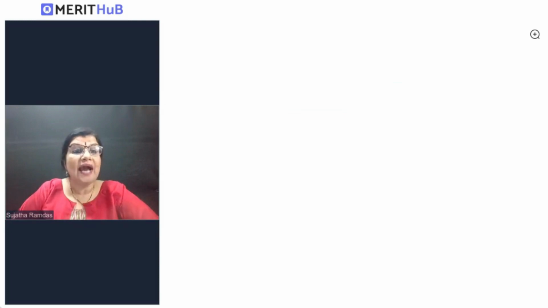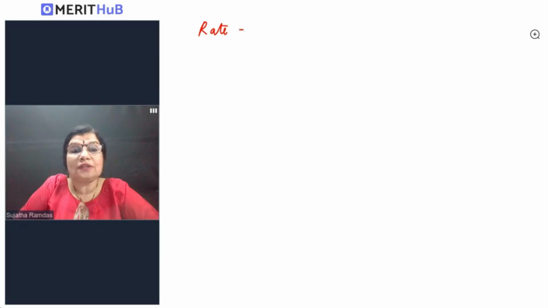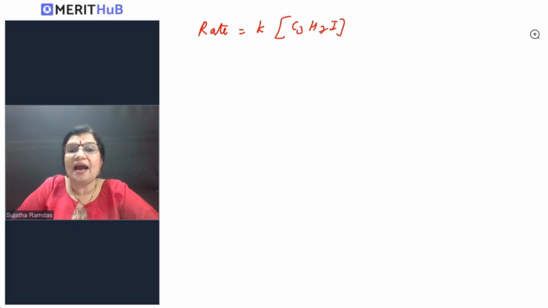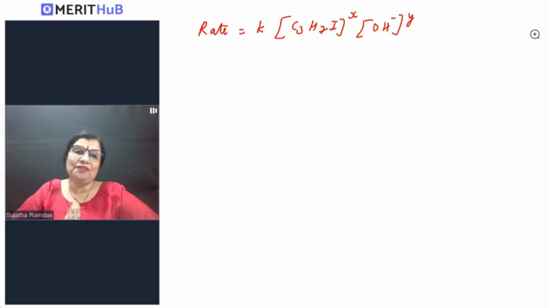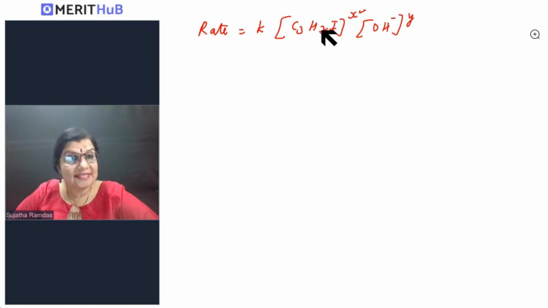First, let's write down a hypothetical rate law. Now, what do I mean by a hypothetical rate law? A rate law, an expression in which we don't know the orders of the respective reactants. So, concentration of C3H7I to the power of X and into the concentration of OH minus to the power of Y. X is the order of the reaction with respect to the reactant C3H7I.